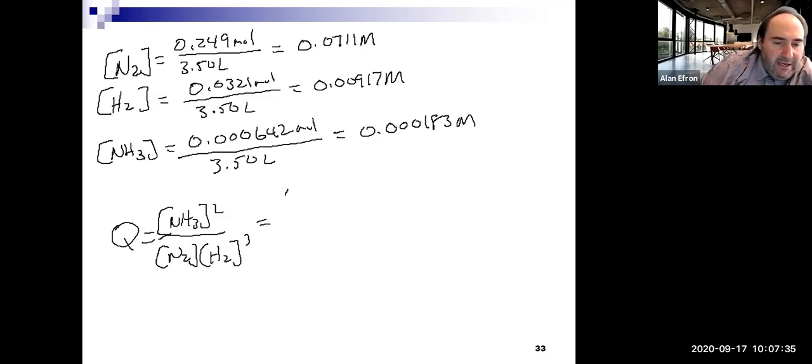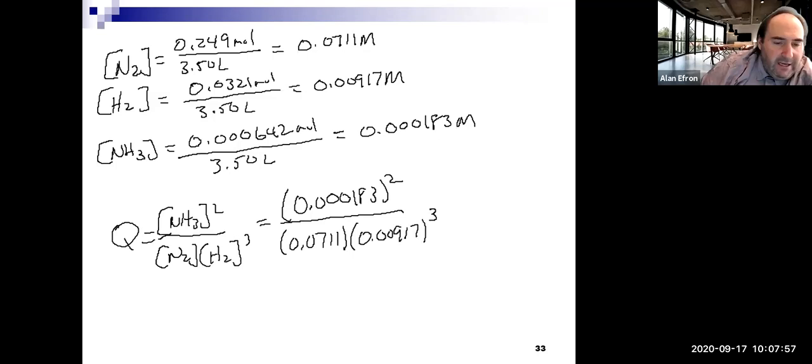We're going to take 0.000183, and again, we're going to square it, divided by our N2 concentration, which was 0.0711, and our H2, which was 0.00917. And again, we don't want to forget to cube that number. And if you do all that, you end up with 0.611 for the Q value.